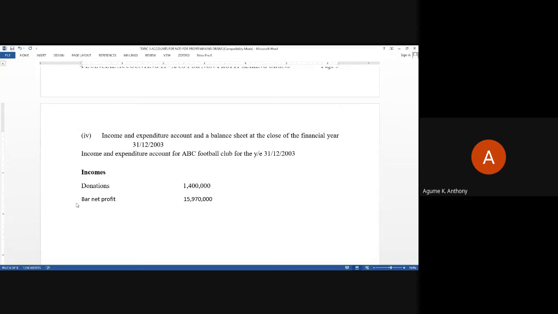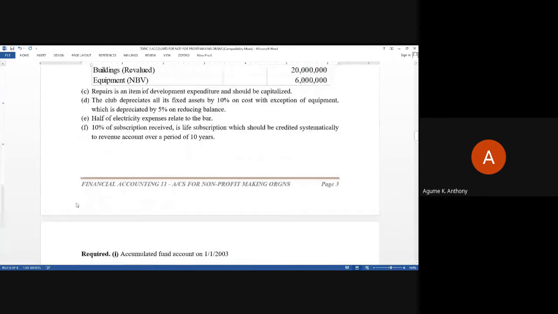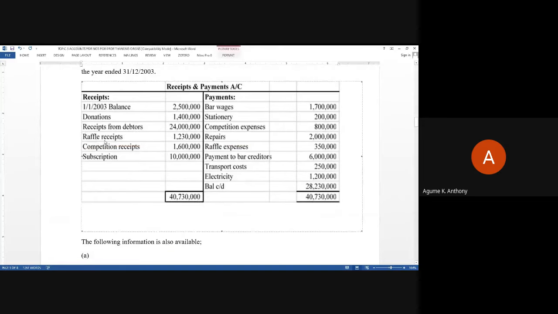Then I have net competition receipts. Now this net competition receipts, if I scroll up within the incomes here, you see raffle receipts, competition receipts. Much as you receive this income, there were some expenses incurred, like competition expenses.